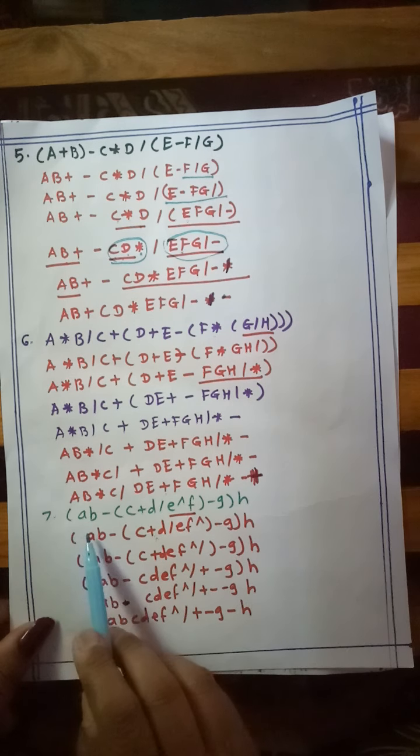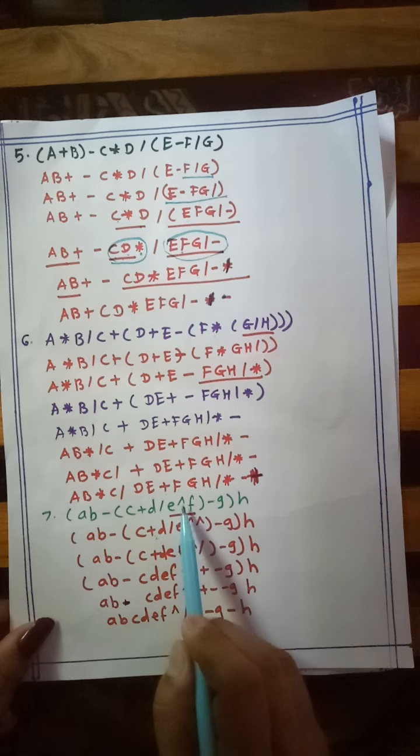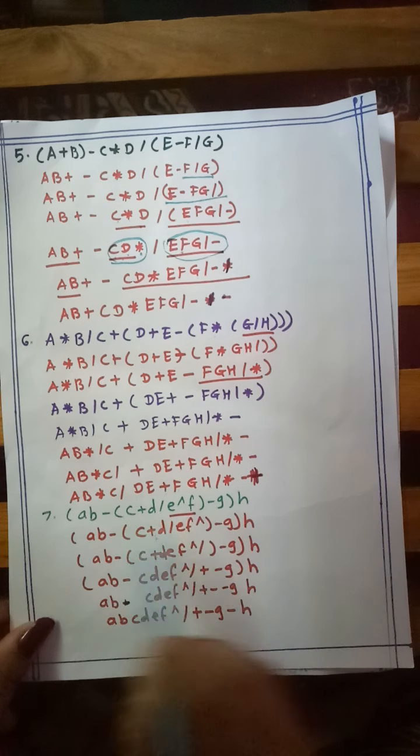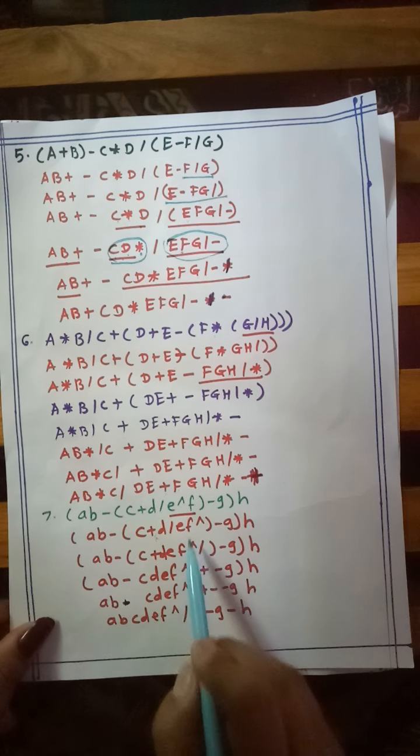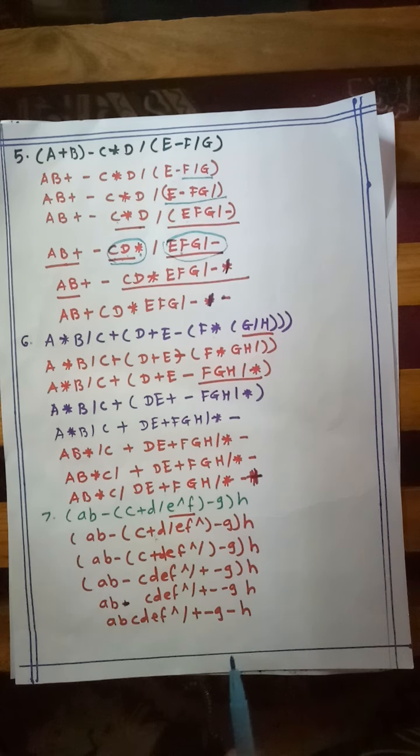Now when we solve this expression, we solve this term first. The caret, that means exponent, has the highest priority. So we convert this expression and we get the output A B C D E F caret slash plus minus G minus H. So this is the solution of the seventh example.